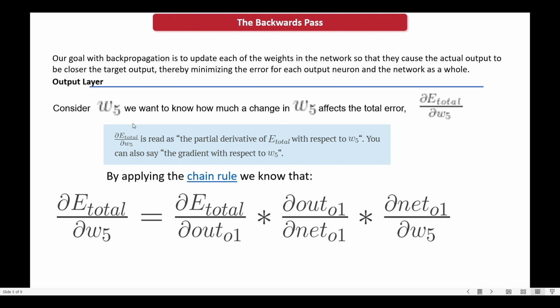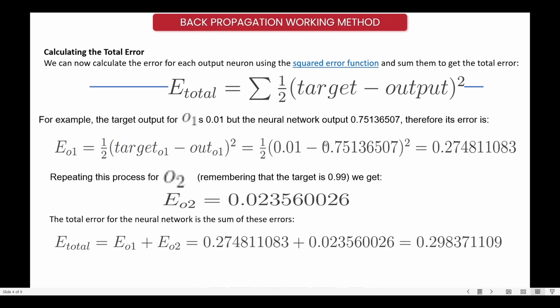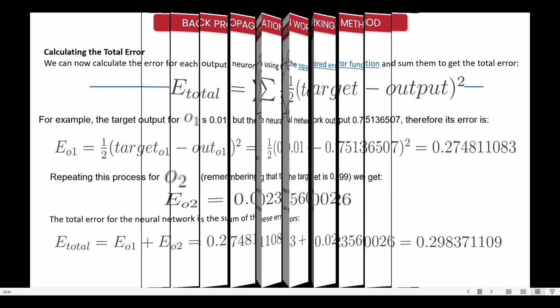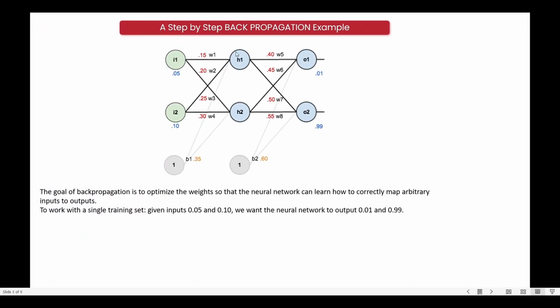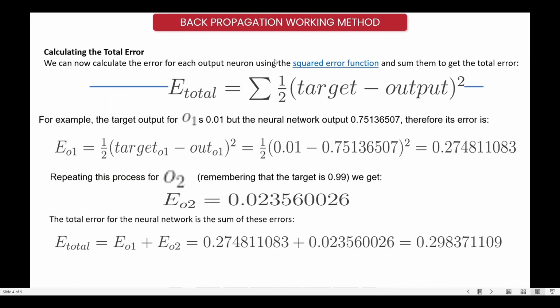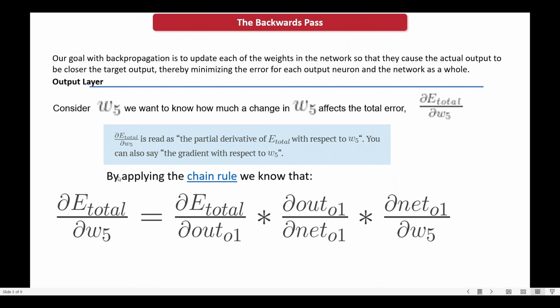For w5, let me explain how this weight is changed. This can be done using the chain rule, dE total by dw5. But E total doesn't have any term related to w5, so we use the chain rule with partial derivatives.